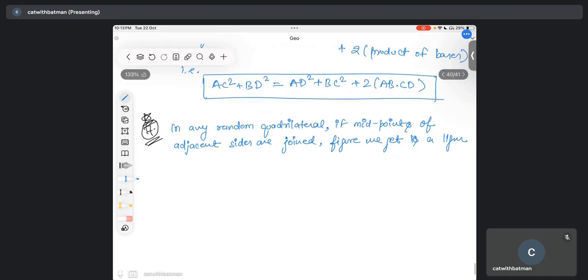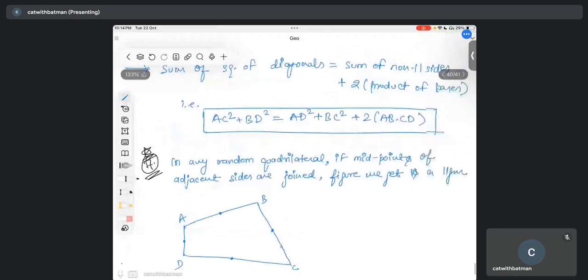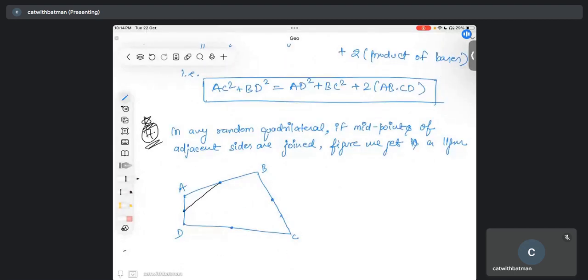Let's say this is any random quadrilateral that you have. Just a random quadrilateral. Let's call it A, B, C, and D. But if you join the midpoints of all the sides, then you get a parallelogram.